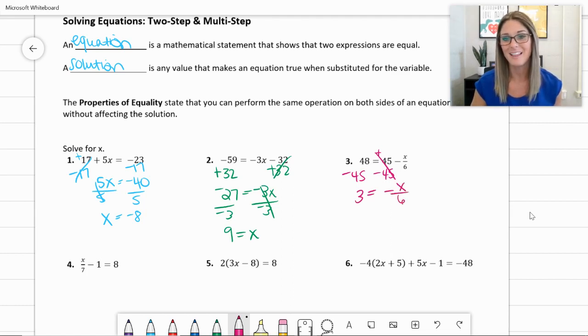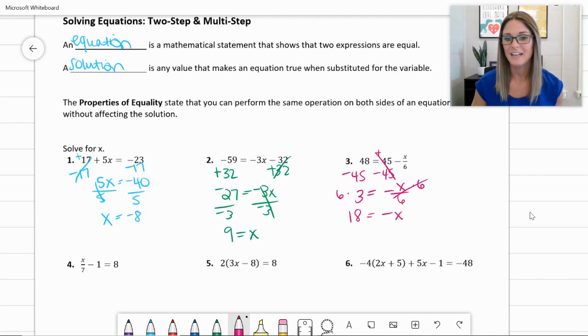So as I mentioned, there's a lot going on in this problem. All right, as I work closer to x, it's dividing with 6. So let's get rid of the division of 6 by multiplying both sides by 6. 6 times 3 is 18. I still have that negative. Still have a negative x.